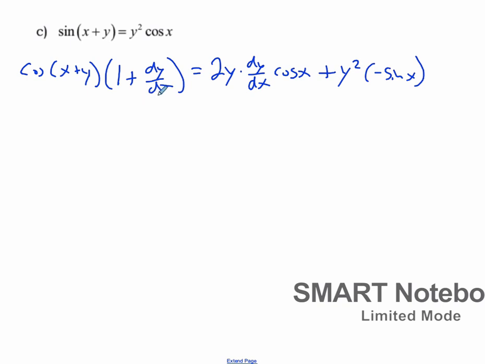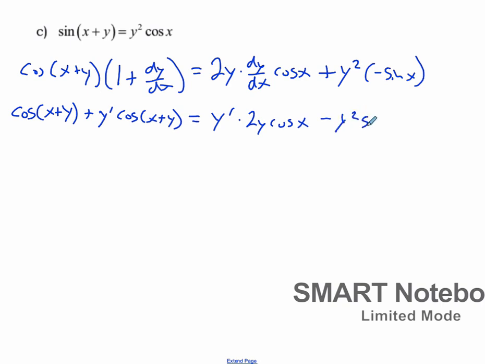Okay, so if we want to solve for dy/dx, we'll expand this, and we have cosine x plus y, plus, I'm going to start using y prime to make it a bit easier here, cosine x plus y equals, let's say, y prime times 2y cosine x minus y squared sine x.